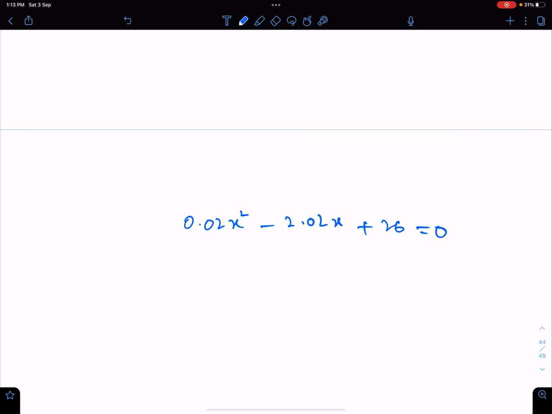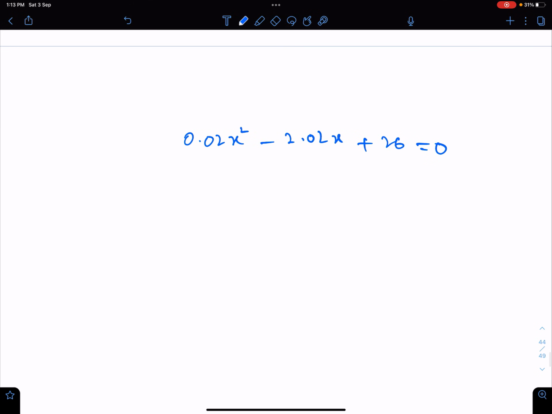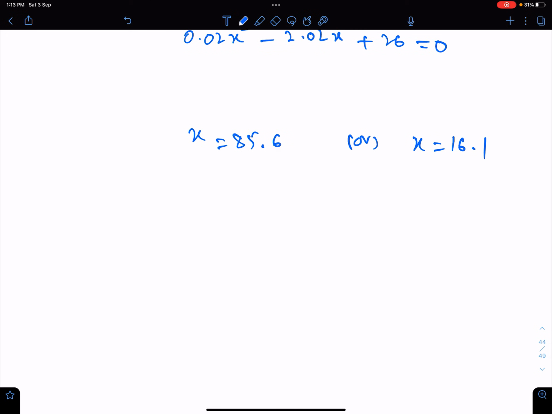When you use the quadratic formula, you will get two values of x, 85.6 or 16.1. Now you have to decide which value is right. So we just need to find T13.